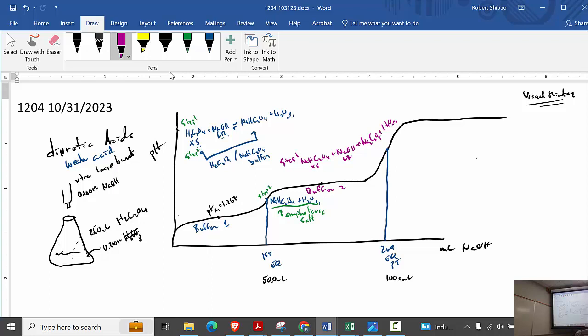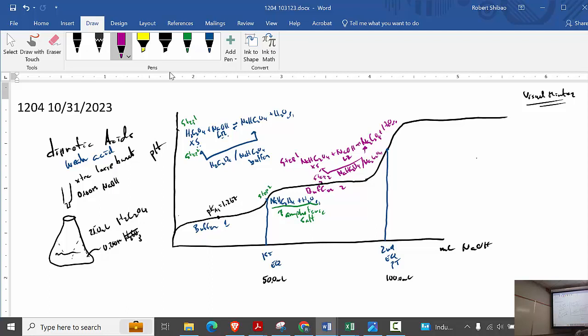And since we have excess acid and the limiting reagent is consumed, step 2 will have the different buffer system. It's going to be the sodium hydrogen oxalate as the acid and sodium oxalate as the base.